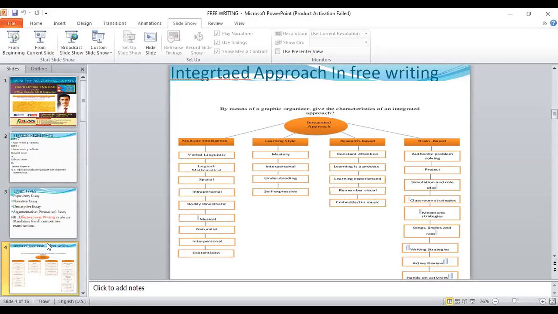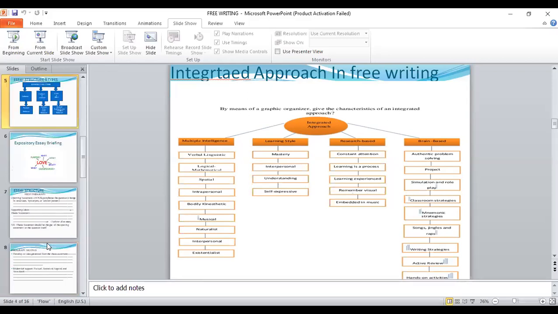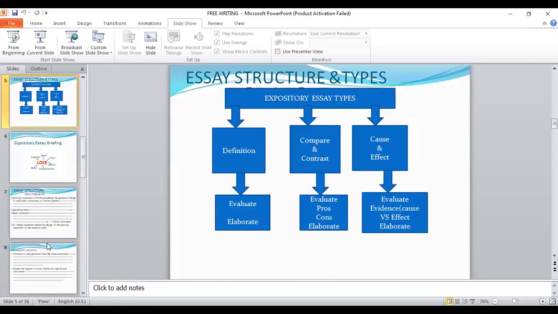Then brain-based: authentic problem solving, project handling, simulation and role play, classroom strategies, mnemonic strategies, songs, jingles and raps, writing strategies, active review, and hands-on actions. So ladies and gentlemen, these are the multiple resources that everybody has to get into their knowledge. Let me go to the next slide.